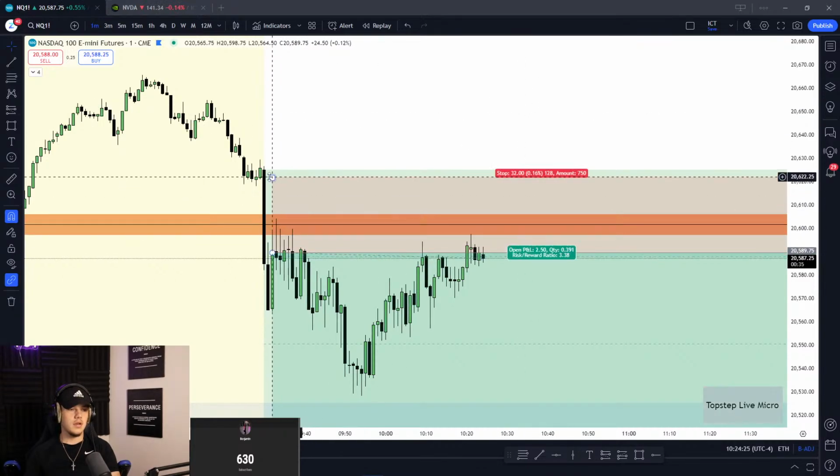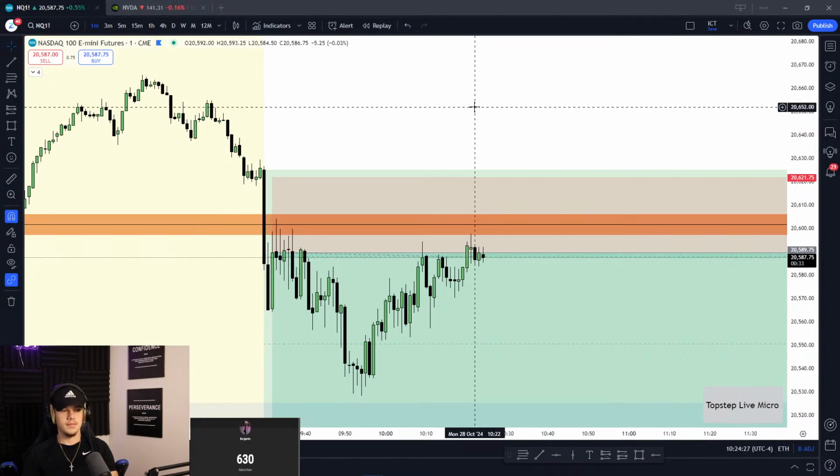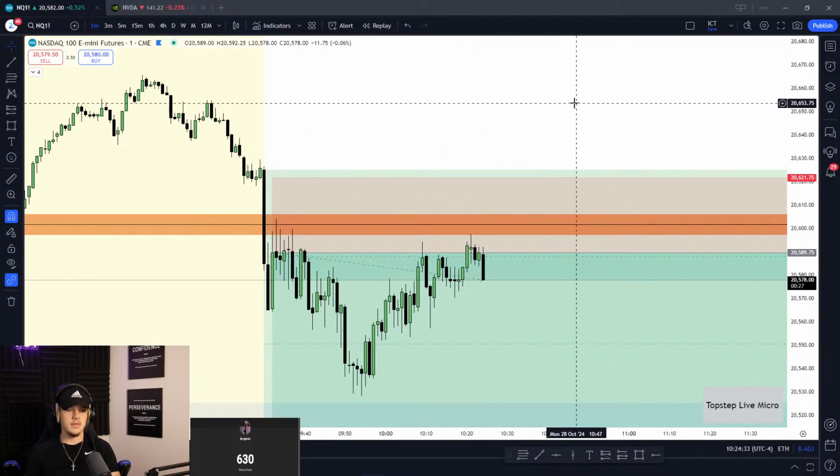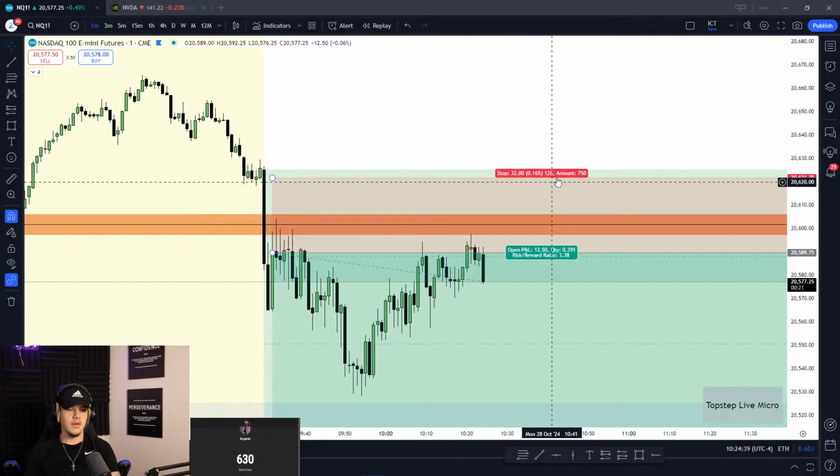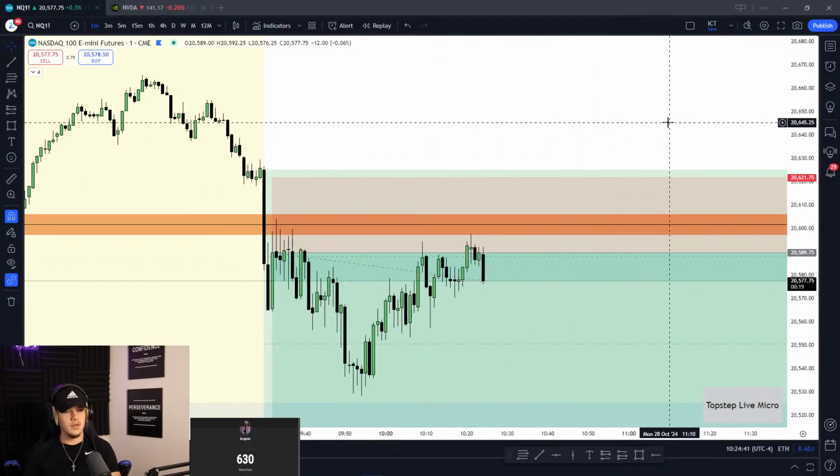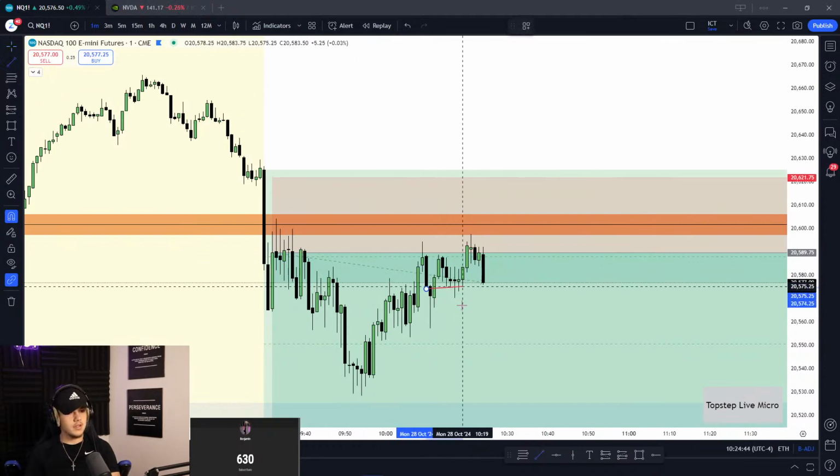But we're just consolidating and back into this SIBI. So I'm just waiting for a displacement below this low, the first presented low. See if we hold it. Again, still hasn't made a lower low yet, so I'm looking here for a market structure shift.